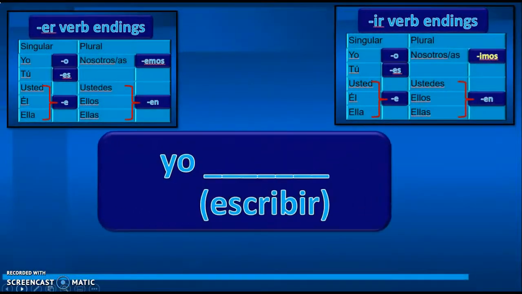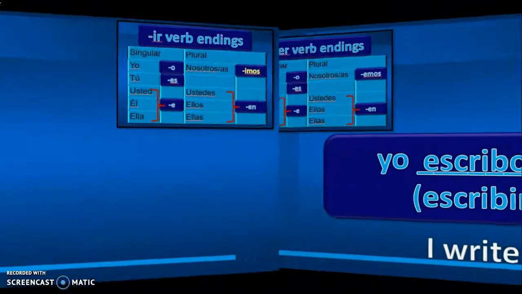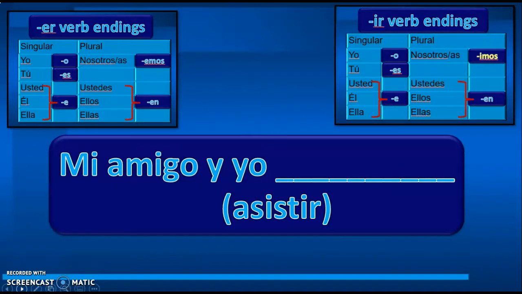If your subject is yo and the verb is escribir, you look at your endings for IR verbs and you see that the ending is o, so you have yo escribo. I write. And if your subject is mi amigo y yo and your verb is asistir, remember mi amigo y yo is plural. You're looking at the endings for IR verbs. If you have yo plus someone else, you go across to the plural side, you use the ending for nosotros, so it would be asistimos.